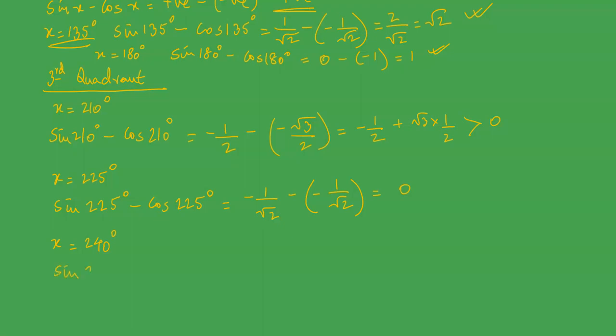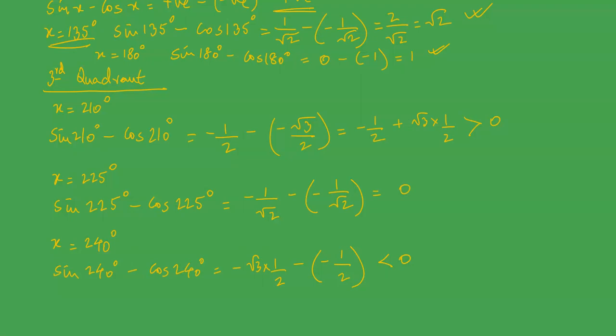So sin 240 degrees minus cos 240 degrees is equal to negative root 3 times 1 over 2 and minus of minus half, because cos 240 degrees is equal to negative half. So this is root 3 over 2, which is obviously more than half. So this is a negative number. So again the graph comes down below the x-axis.